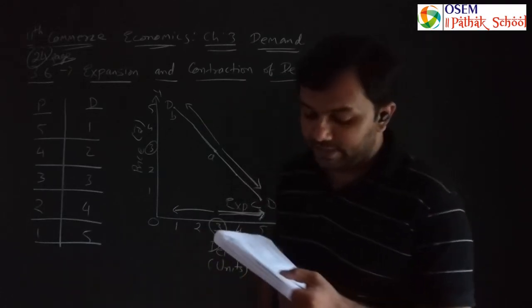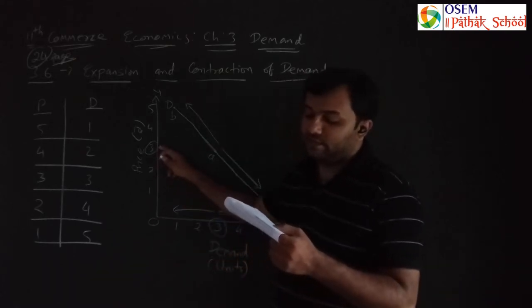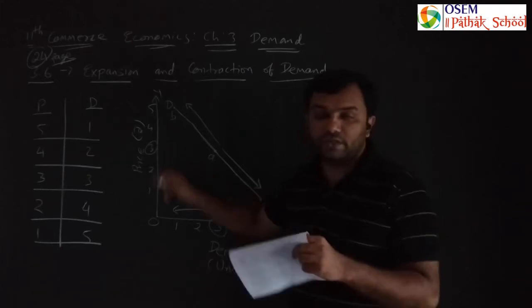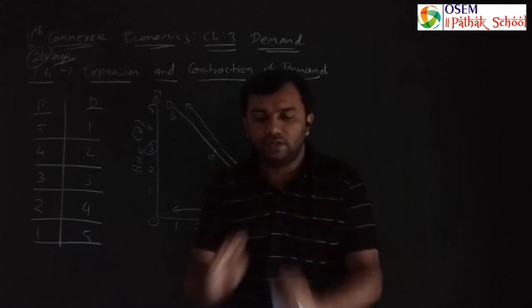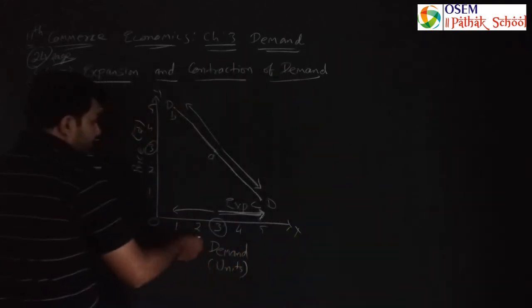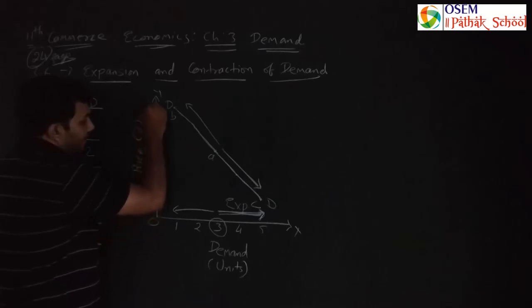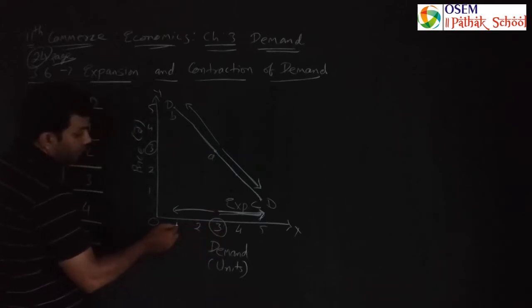But what happens when price rises? It is given here. When price rises and other determinants do not change, then there is a contraction. What does contraction mean? Contraction means suppression. You can see here, whenever price rises 3 to 4, 4 to 5, demand goes from 3 to 2, 2 to 1 unit.